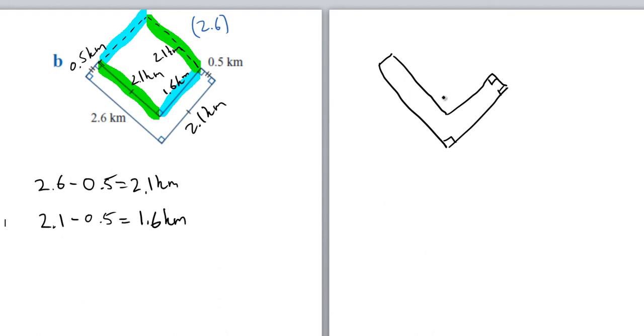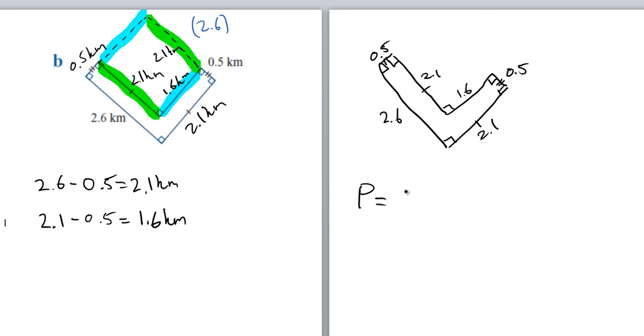I'll put in the right angles just so it's clear what's what. Okay, and then let's label our lengths. So we had, this was 0.5, this was 2.1, this was 1.6, this was 0.5, this was 2.1, and this was 2.6. So now that you have all the lengths, the hard part's over.